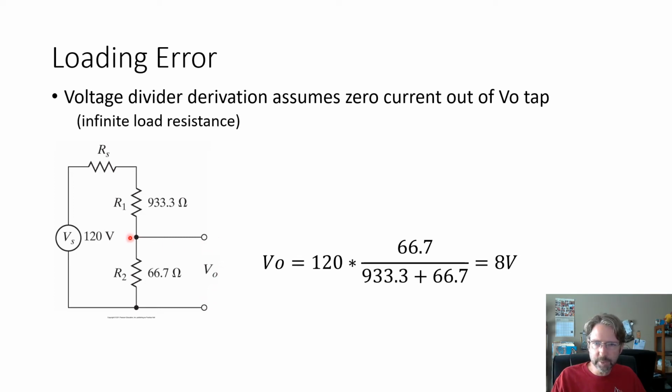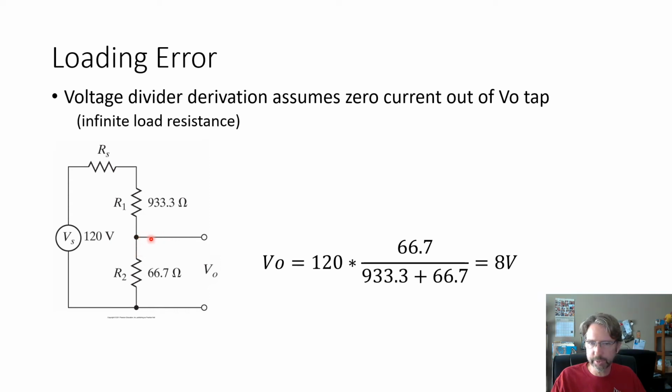What's assumed here is that the measuring system, the data acquisition system that we've connected, doesn't pull any current. So there's no current going through here, or else that changes the node analysis and changes the equations. Loading error is when this pulls current that is comparable to the current going through here.